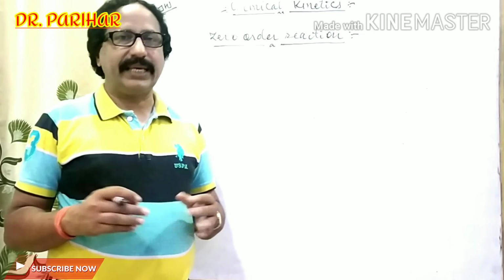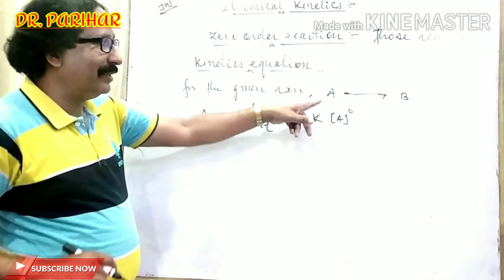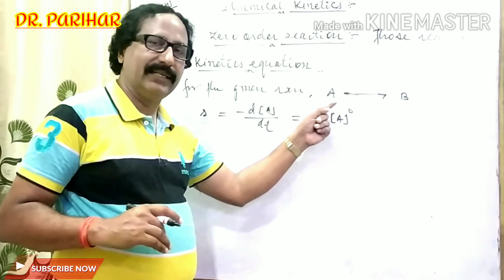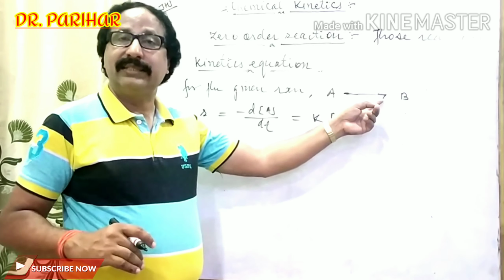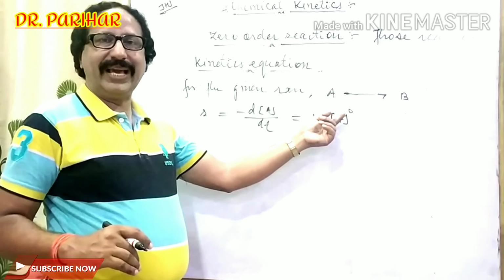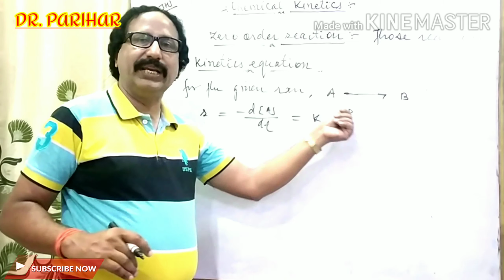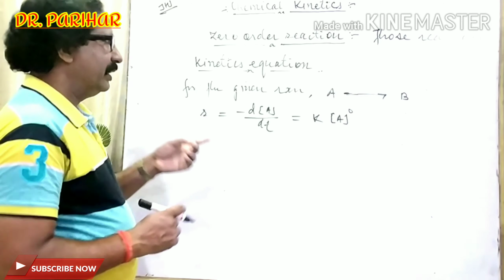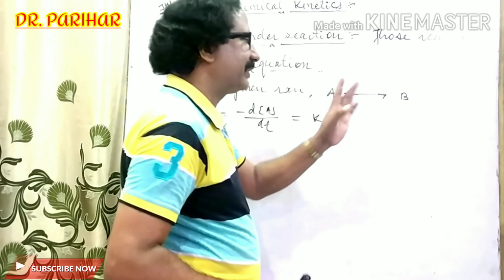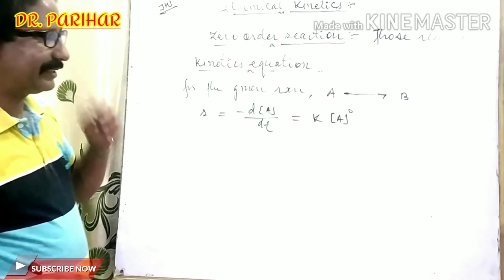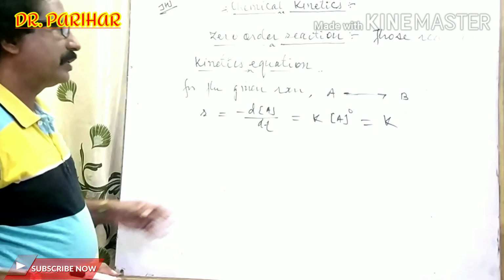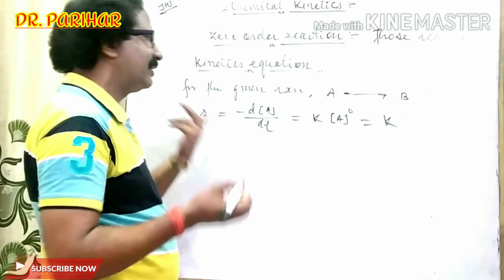It means that on increasing or decreasing the concentration of A, the reactant, nothing changes in the value of its rate of reaction. That's why we consider concentration power equal to 0. This is the rate equation of this reaction, which is counted under zero order reaction, and it must be equal to K.